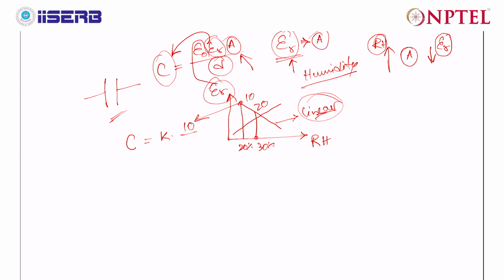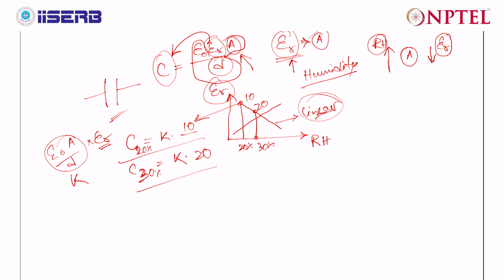K is this value, epsilon 0 A by d, which is fixed in the case of the capacitor. Then you have epsilon r. So your C1 is k into 10, your C2 is k into 20. This is the capacitance for 20% relative humidity, and this is the capacitance for 30% relative humidity. So you now have a change in capacitance based on relative humidity. That is how you can design a sensor.